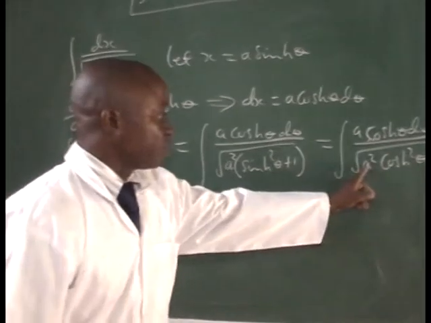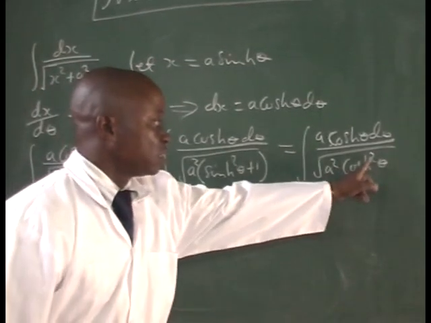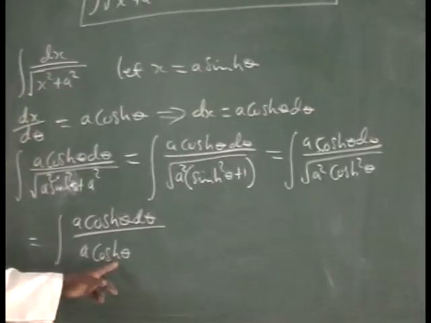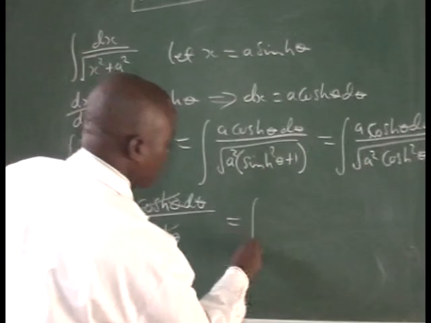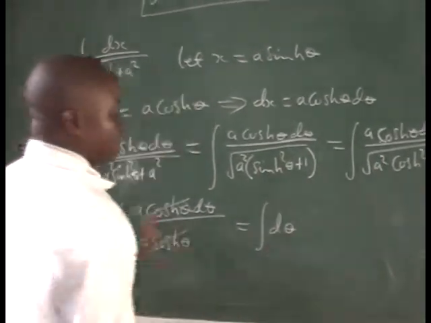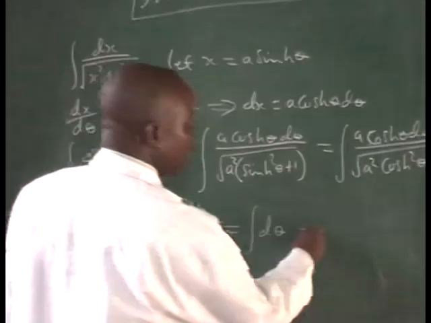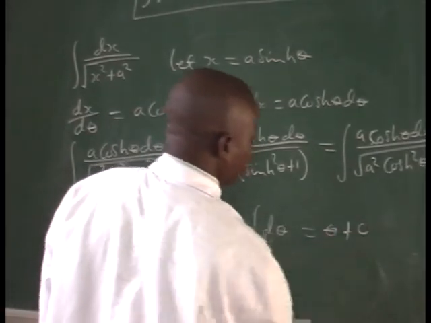Because the square root of a squared will give us a, and the square root of cos squared theta will give us cos theta, the whole of this can cancel this. And then we have the integral of d theta. If you integrate this, you have theta plus c.